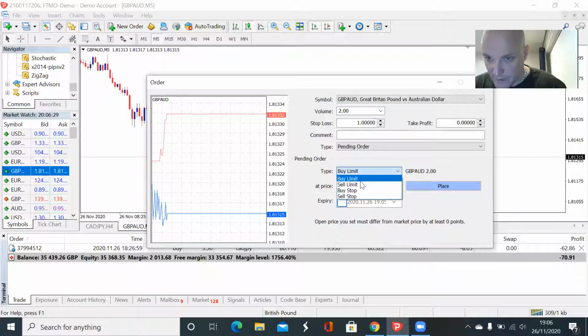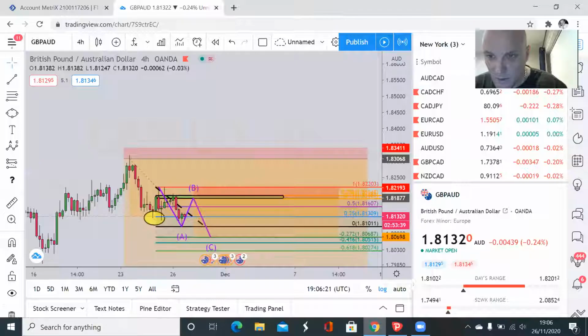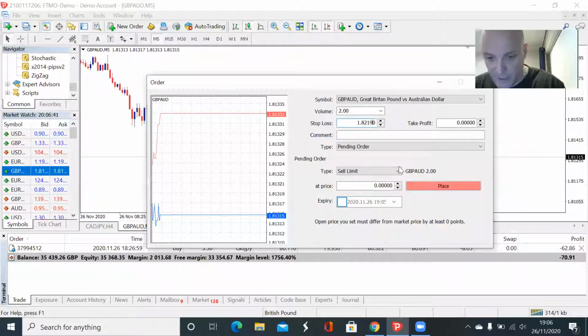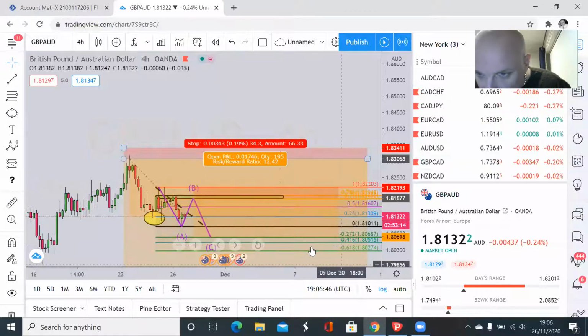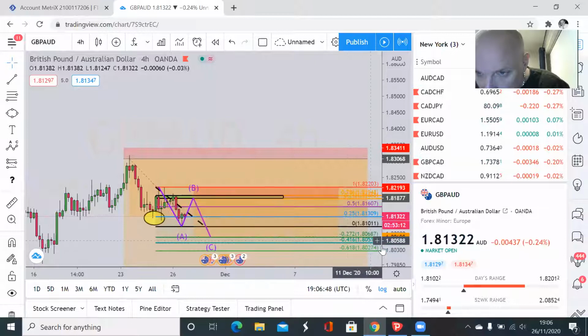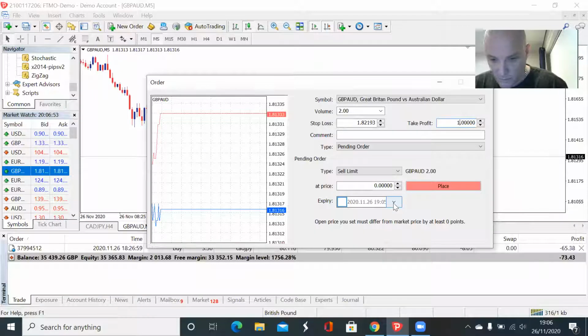Pending order to sell limit. 1.82193. Take profit area, 186.87.